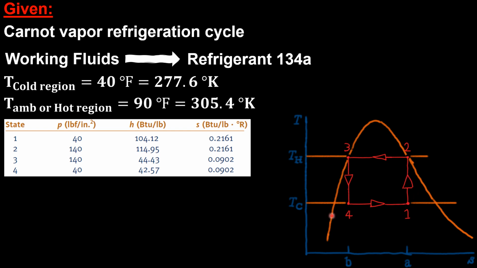So from 4 to 1, what's happening is we absorb heat, so that is the cooling effect. So we go from 42.57, heat is being absorbed to change phase, and it exits at a higher energy content of 104.12. Now, what do we need to find?